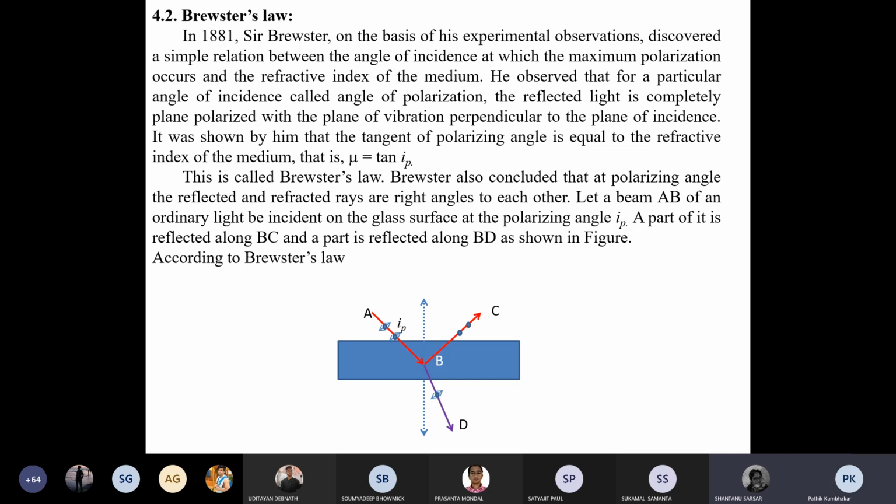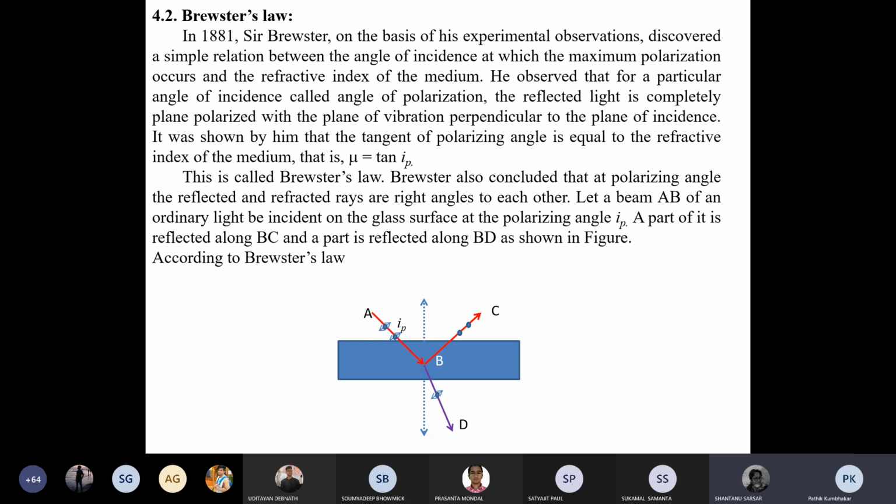That is Brewster's law. So in 1881, much later than when Malus law was discovered, Brewster discovered a phenomenon which you have studied: when an unpolarized light is incident at an interface between two media, then the reflected light, when the angle of incidence is equal to a particular angle, becomes completely polarized in a plane perpendicular to the plane of incidence, and the reflected and refracted light become 90 degrees away from each other.